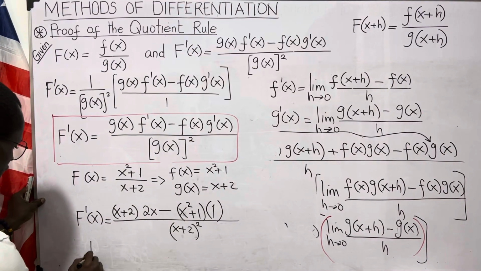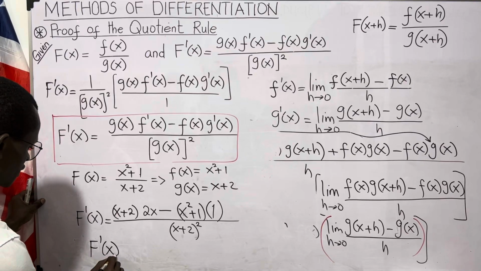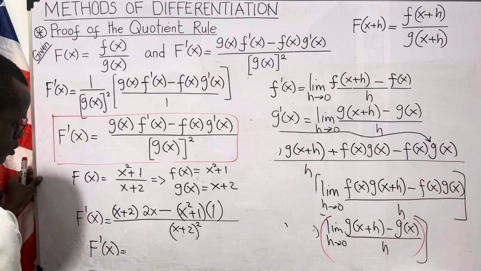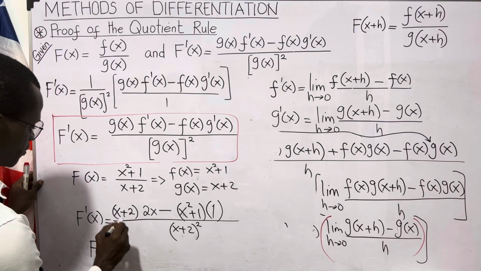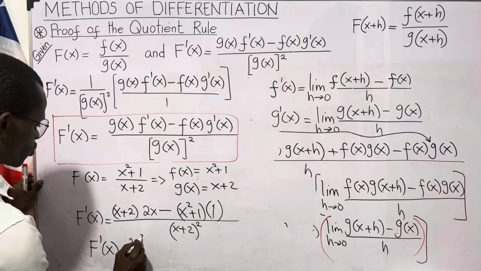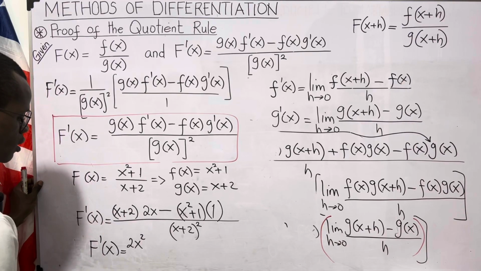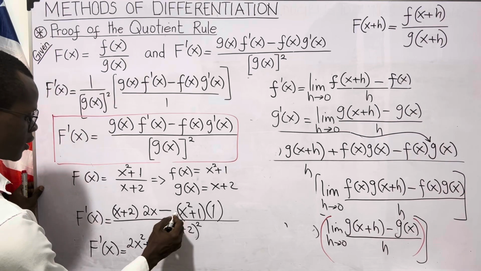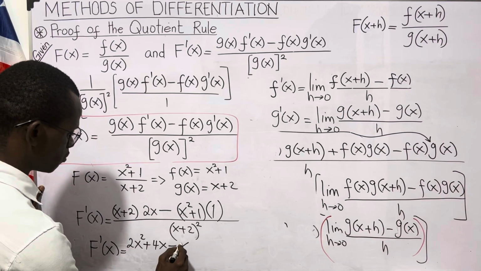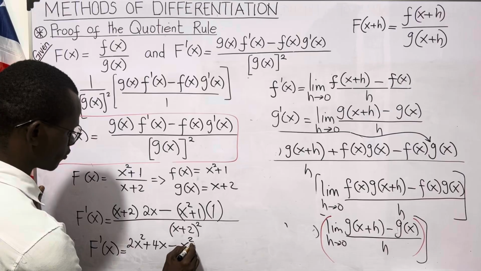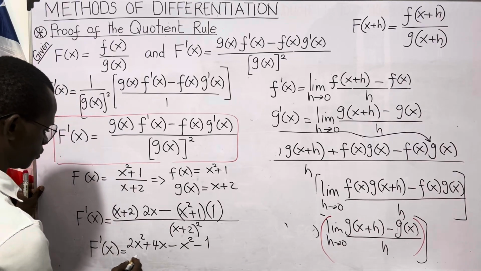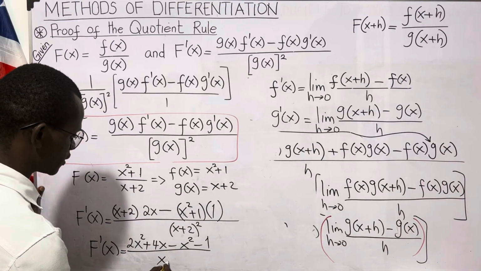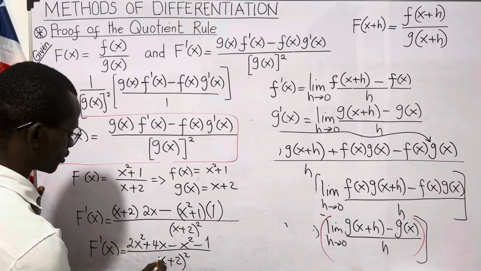Then we simplify. So we have f prime of x. So what do we have? 2x times x is 2x squared, and 2x times 2 is 4x, minus x squared times 1, we have minus x squared, and then minus 1, divided by x plus 2 all squared.